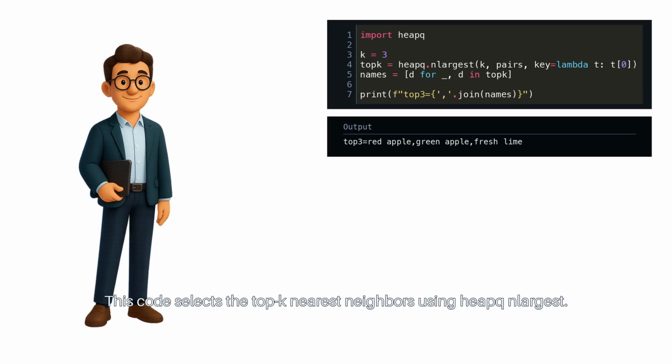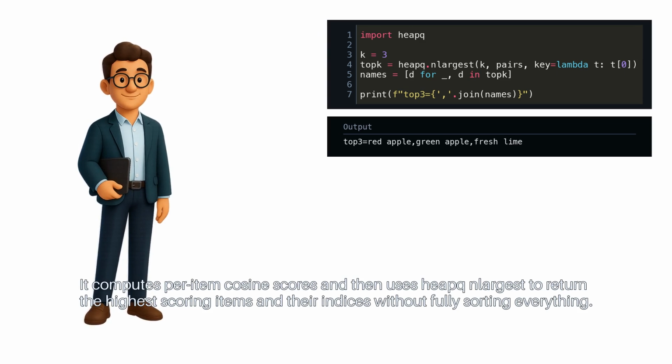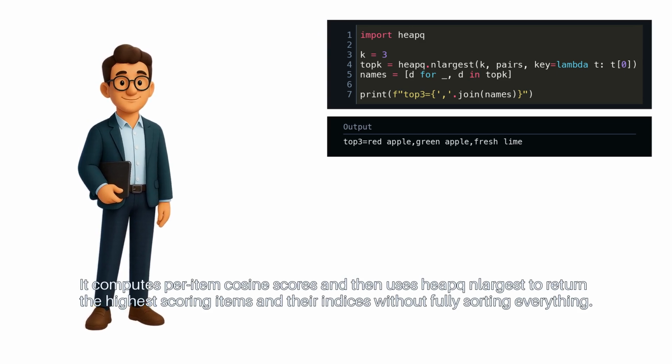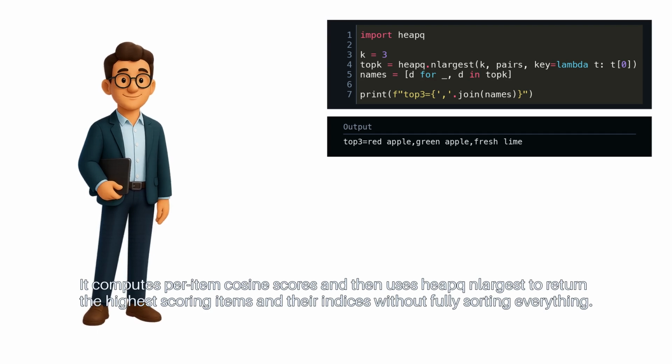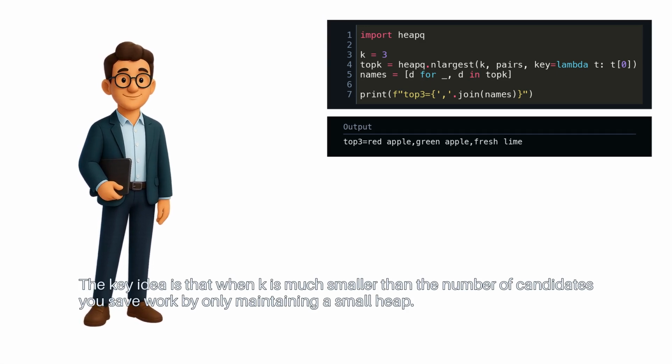This code selects the top k nearest neighbors using heapq and nlargest. It computes per item cosine scores and then uses heapq and nlargest to return the highest scoring items and their indices without fully sorting everything. The key idea is that when k is much smaller than the number of candidates, you save work by only maintaining a small heap.